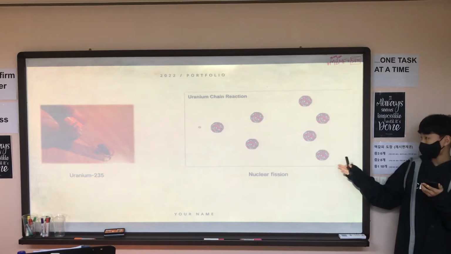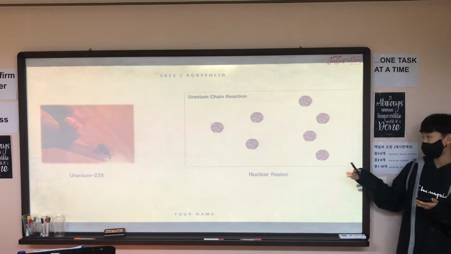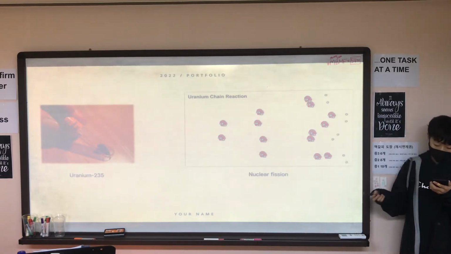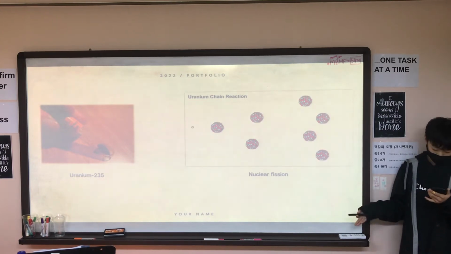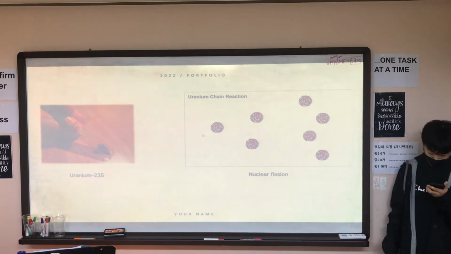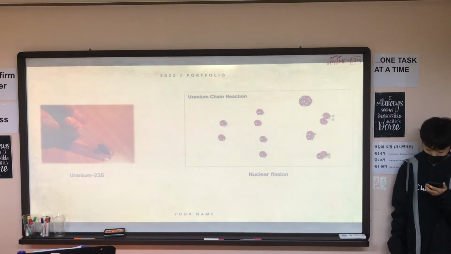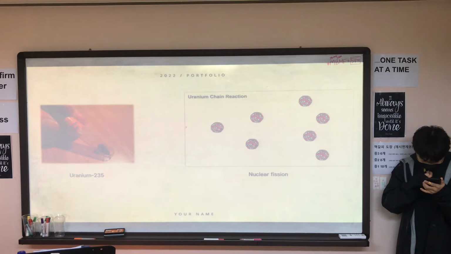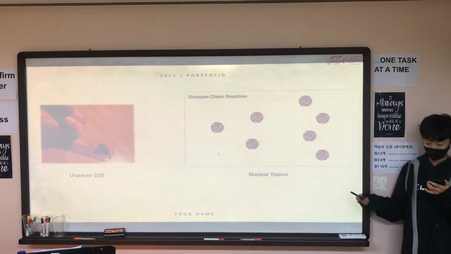And when they crash like in this video, they cause a very high temperature explosion, and it causes very hot heat, and it divides into two. And when this happens, you could see this uranium 235 and that is the neutron.